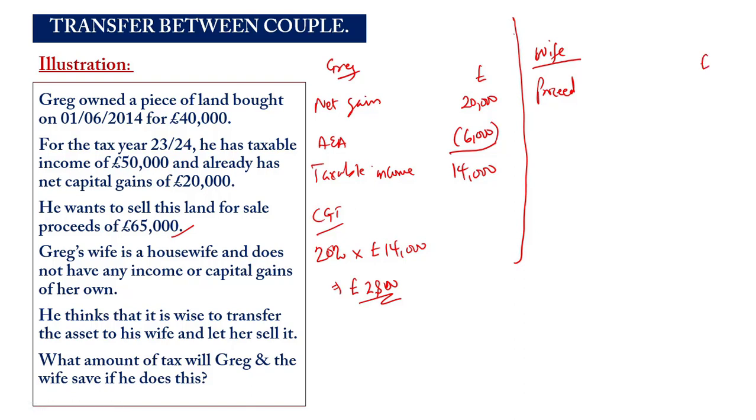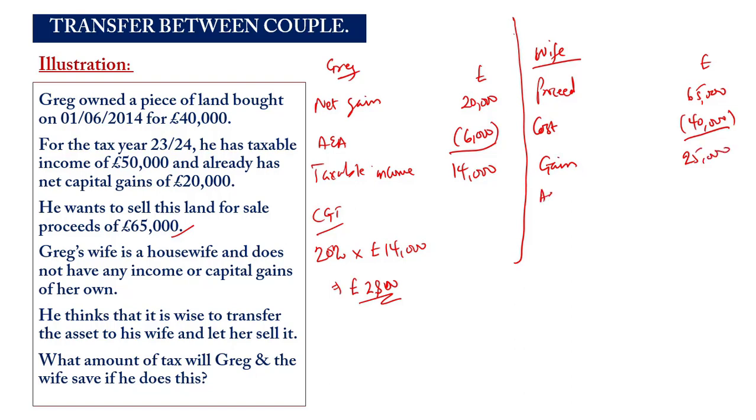So the proceeds to the wife will be 65,000, and the cost, because the husband bought it at 40,000 on 1st June and it was transferred later, the cost will still stick to when it was bought on 1st June. So the 40,000 cost will still stay. So now the gain to the wife is the 25,000.